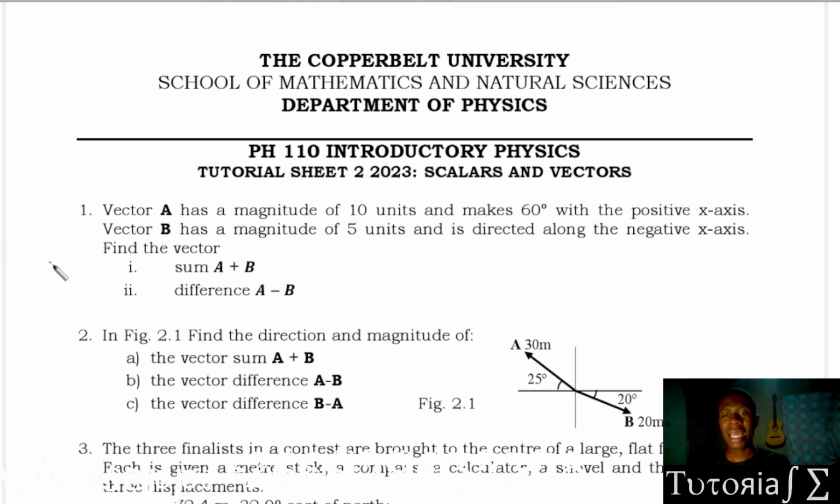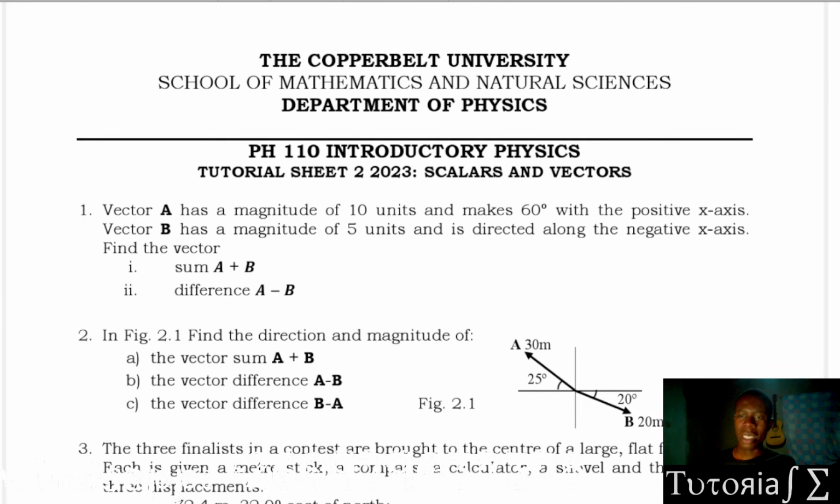Then the third section is about finding the resultant or the magnitude of a vector. Those are the 3 things that you will learn in this lesson and the following lesson. So stay tuned. In this lesson, I hopefully will cover vector addition and subtraction and a bit of the magnitude of the vector. Then we'll do other questions as well so that you are familiar with that.